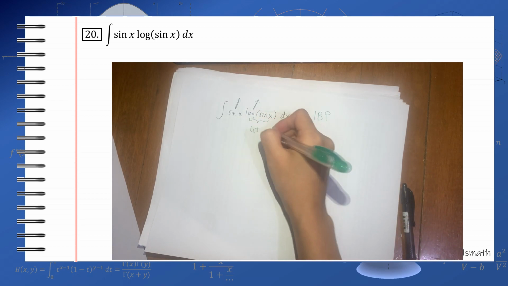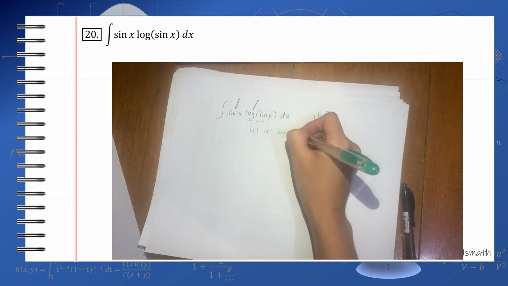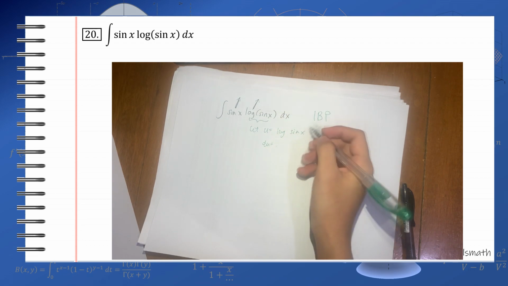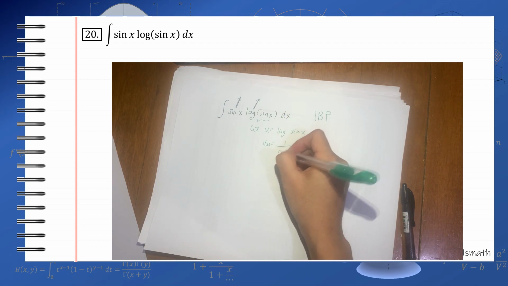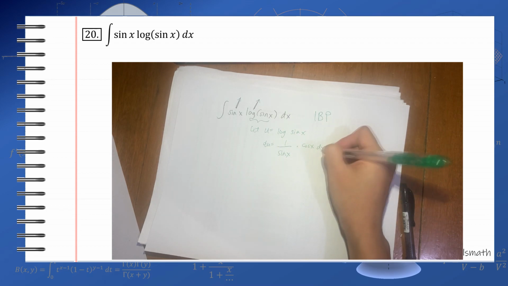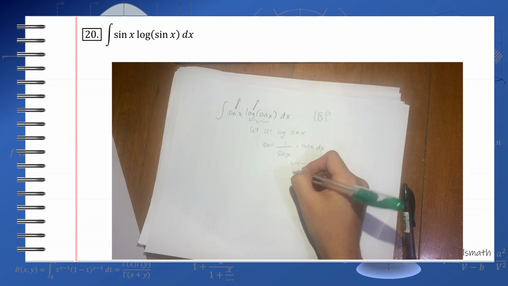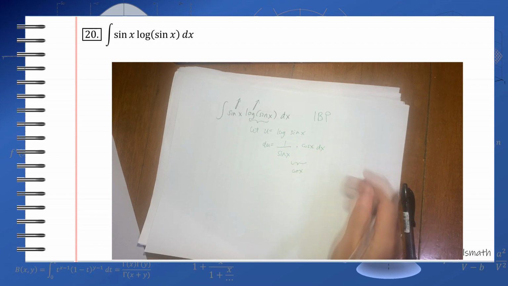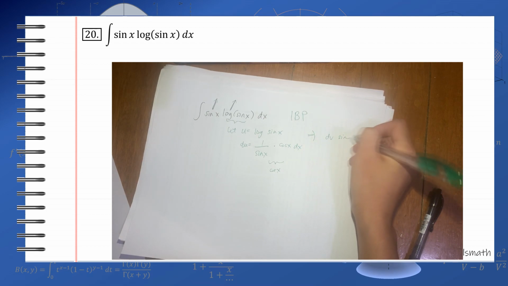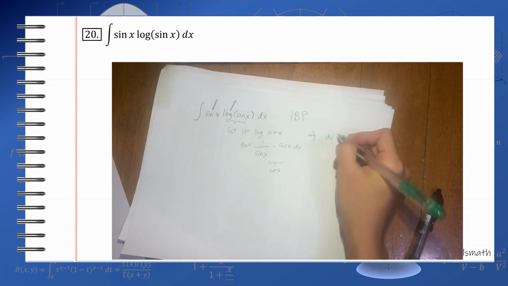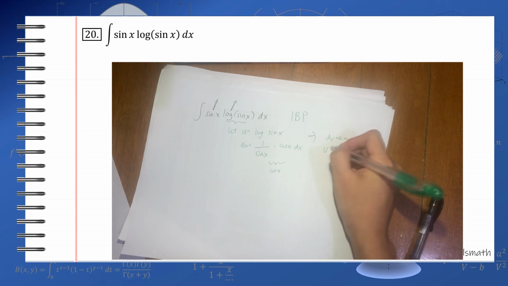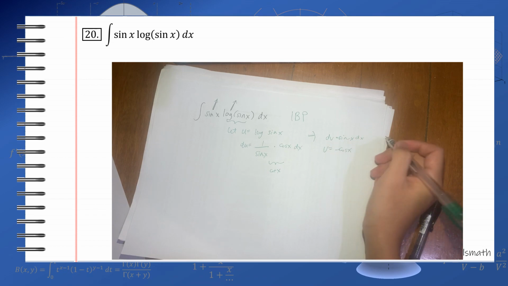Okay, so we let u equals log sine x, du is equal to the derivative of log, so 1 over sine, times the derivative of sine, which is cosine dx. So this is cotangent x dx. Anyway, next our dv is sine x dx. Our v is negative cos x.